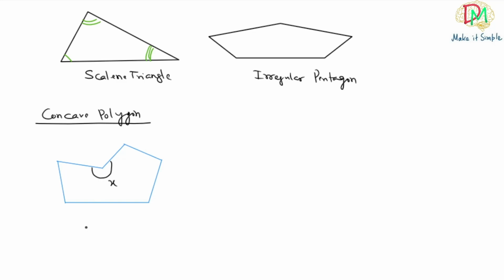Suppose it is x, if we consider it, it will be more than 180 degrees. And if all internal angles are less than 180 degrees, then it is said to be a convex polygon.